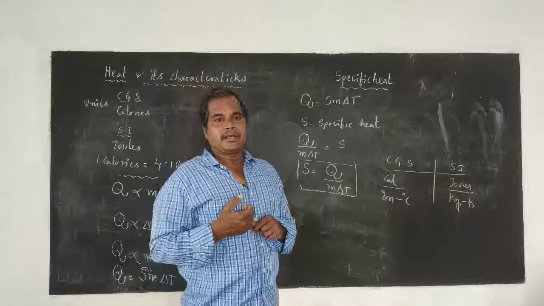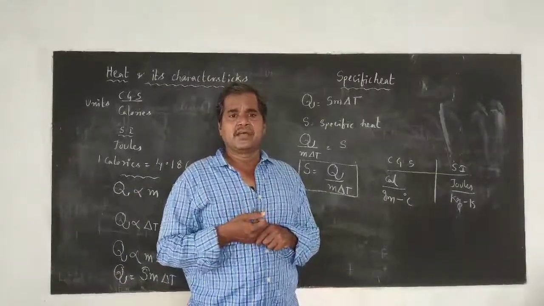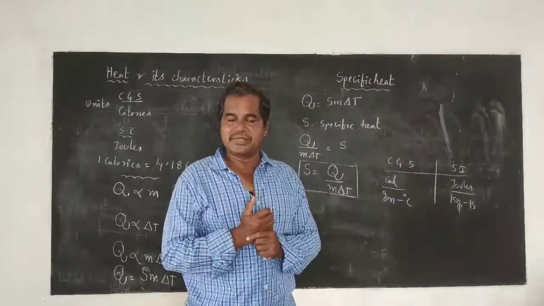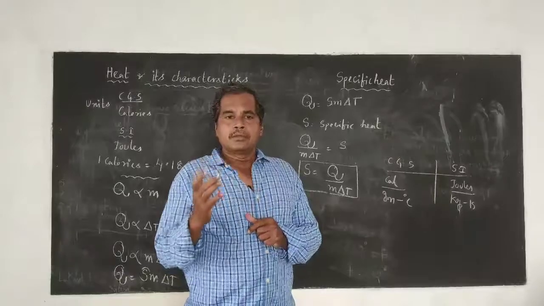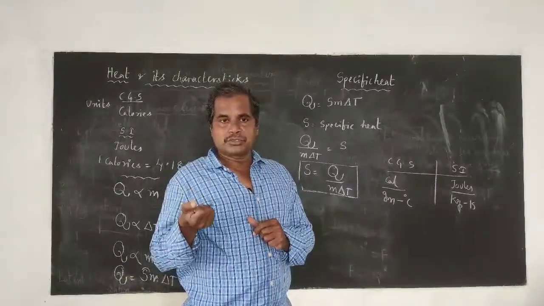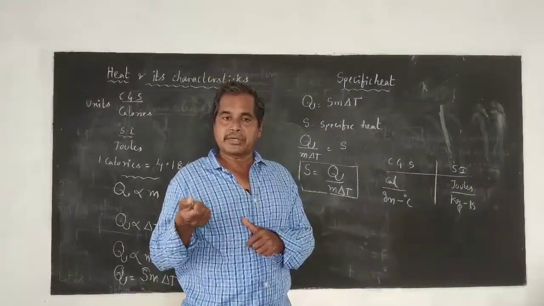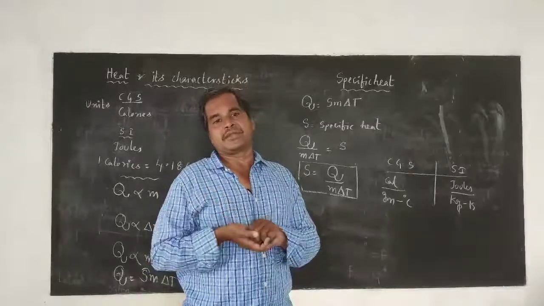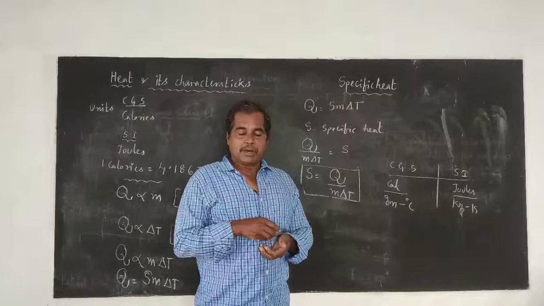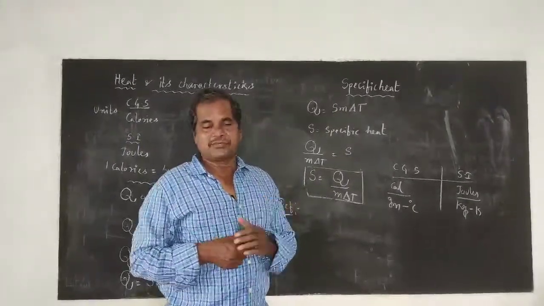In the same manner, if any substance has less specific heat value, the rate of increasing temperature as well as the rate of decreasing temperature is very fast. By doing one activity, we can learn this concept very easily.